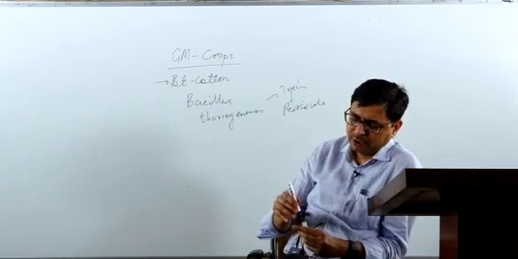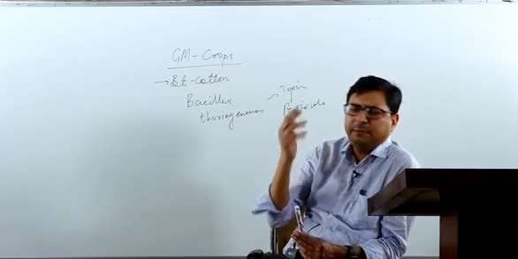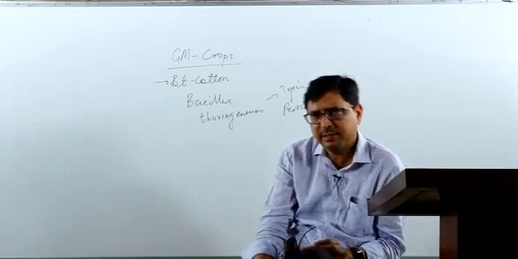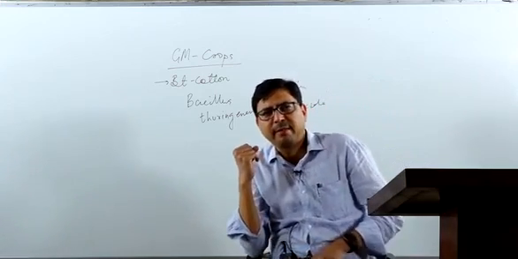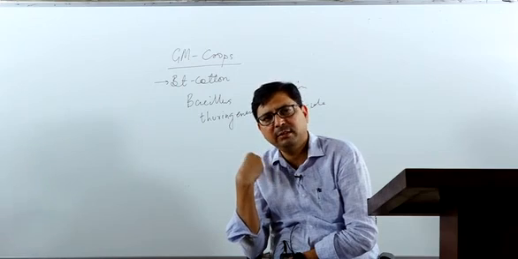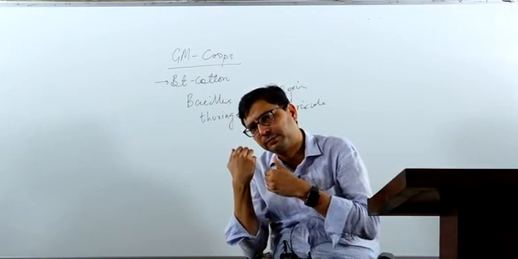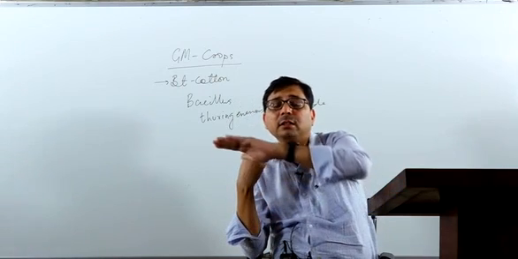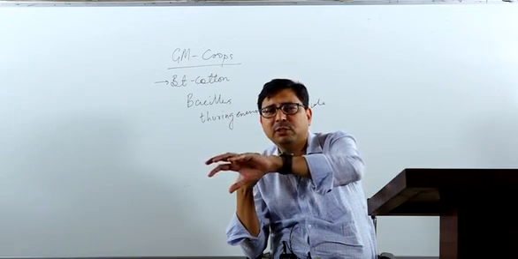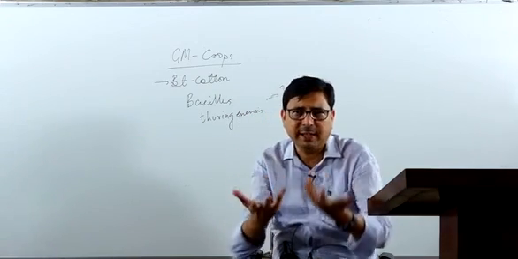So what used to happen earlier, farmers would spray BT, meaning Bacillus thuringiensis, over the crop. This bacteria will produce the toxins, and then what will happen, once the pest eats those toxins, it will die.